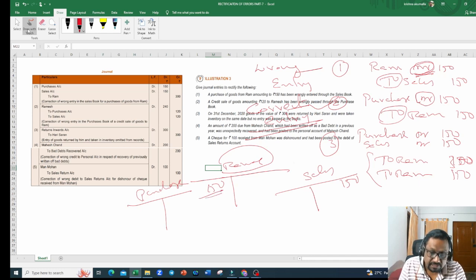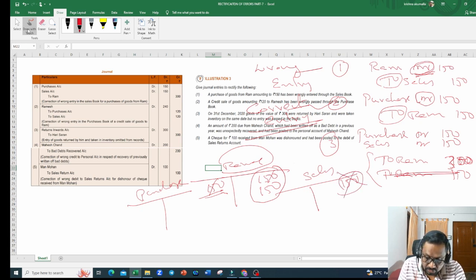If you want to rectify this 150, you need to credit it. With 150 alone it is not possible because this and this will get knocked off. Where is the credit? So you need to put one more 150. So we need to credit 300 in RAM account to rectify this.